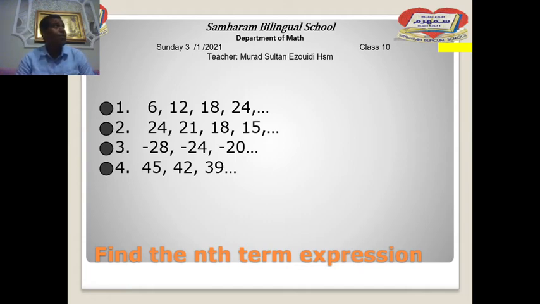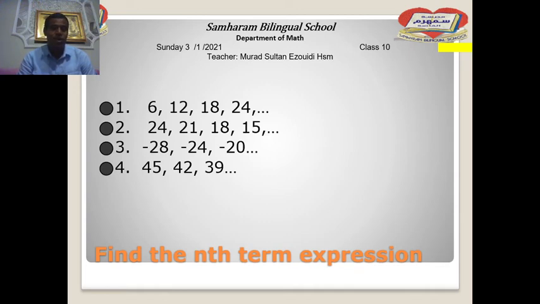The first arithmetic sequence is linear, simply because if we look at the first term, which is 6, the second term is 12, the third term is 18, the fourth term is 24. So the common difference is 12 minus 6, which is 6.